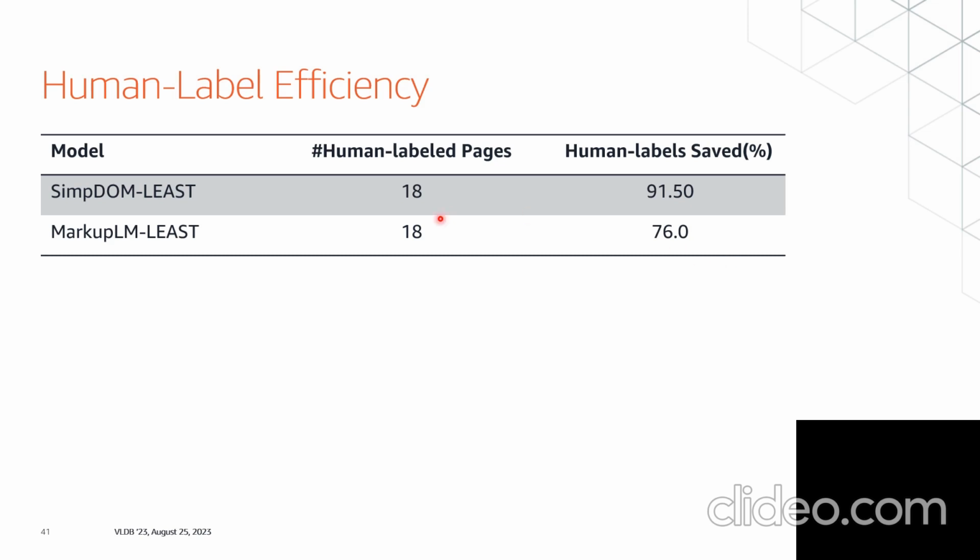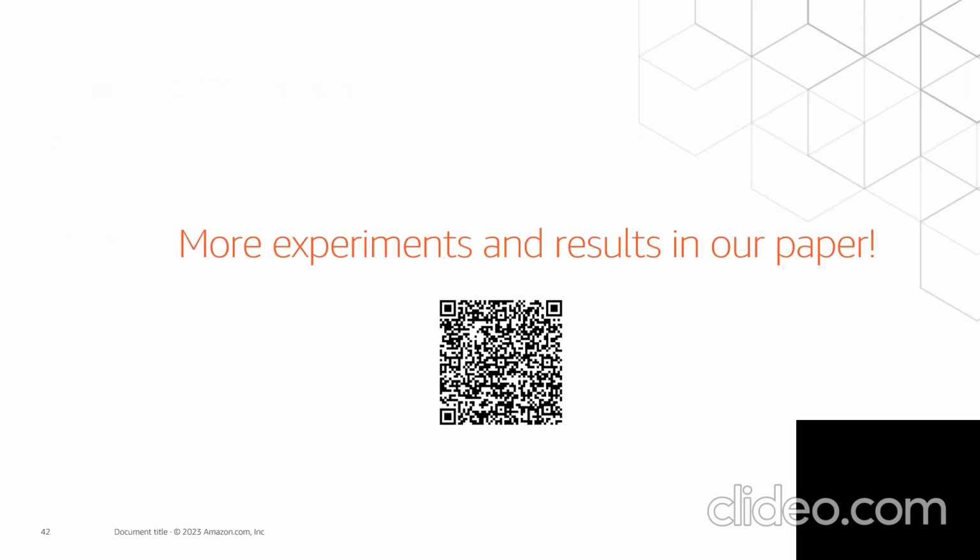For Simptom, we would require almost double the number of human-labeled pages to achieve the same level of performance. We have more experiments and results that discuss the scaling property of our algorithm in detail, and different ways to analyze the results, as well as various ablation studies, which we will skip in this presentation for now.